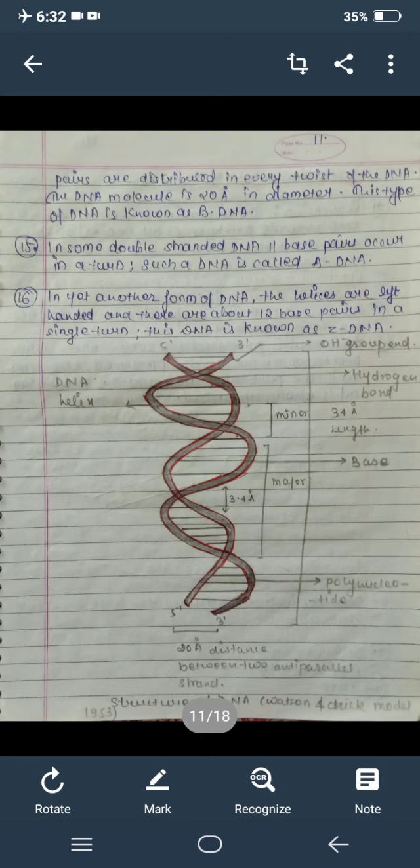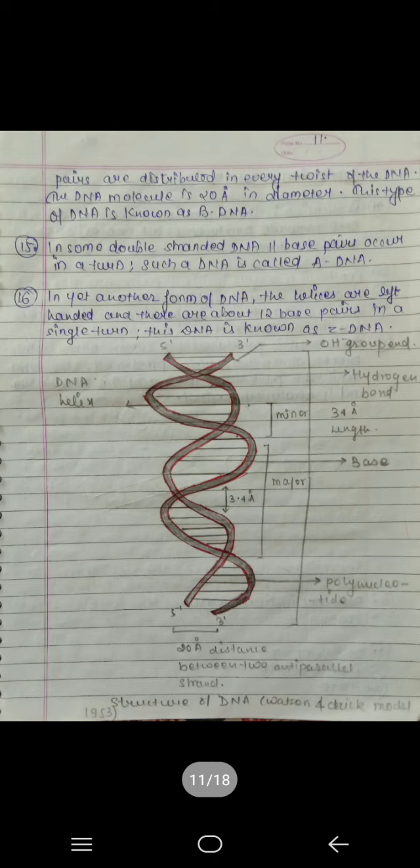Structure of DNA. We all know DNA is a double helical molecule. If one strand runs in 5' to 3' direction, the other will run in 3' to 5' direction. There are two grooves, one minor and one major.